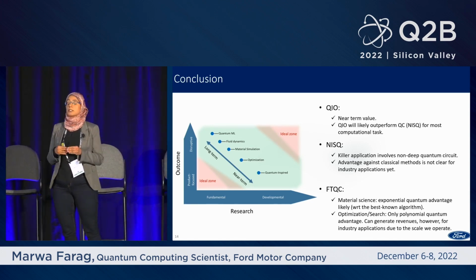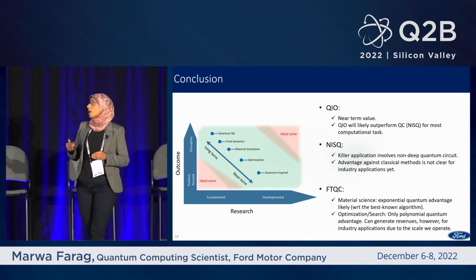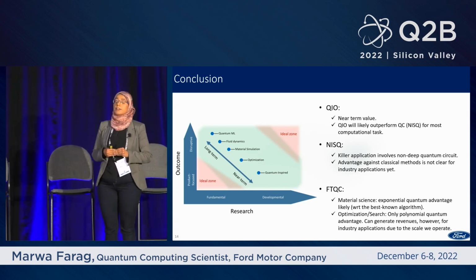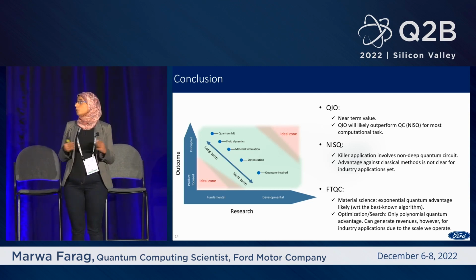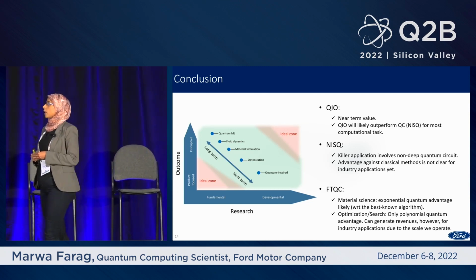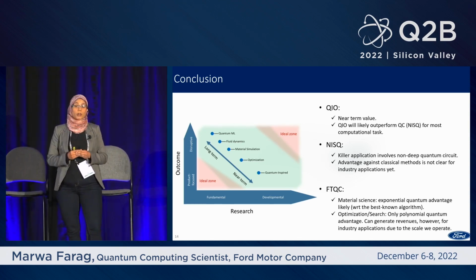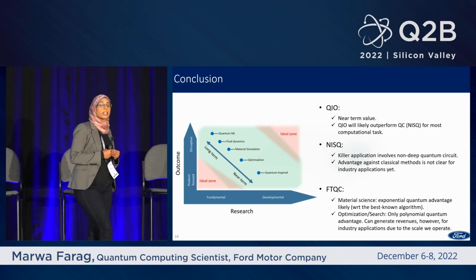For material science, there will be an exponential speedup, and that will help significantly with material discovery when we don't have experimental data available and need accurate tools. For optimization, we only expect a polynomial speedup.